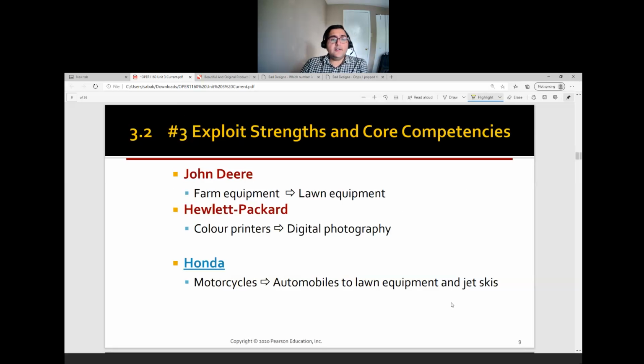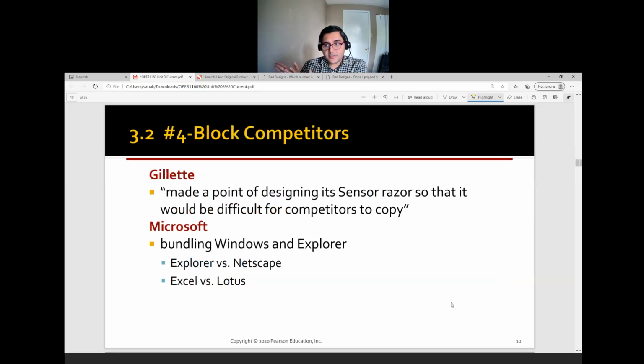And exploiting the strengths and competencies, what it means is, I said the example of Tim Hortons. You have the same machines, say John Deere as an example, they are having the machineries to make farm equipments. With the same set of machinery, why can't I make another set of machineries or lawn equipments which can be sold to the customers?